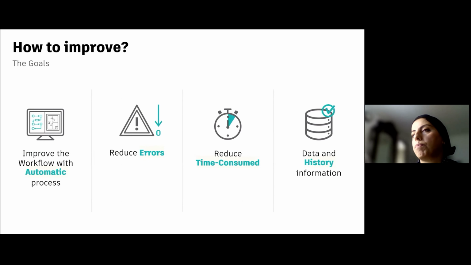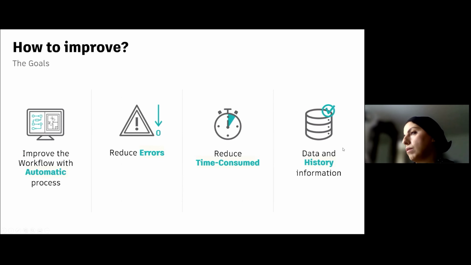So what we need to improve, we need to improve the workflow with automatic process using Dynamo. And then we need to reduce the errors. We need to reduce the time consumed for this task. And finally, we need always to have data and history information.